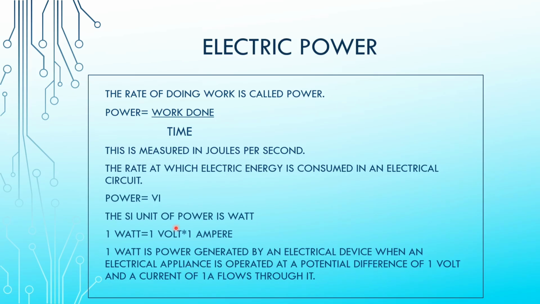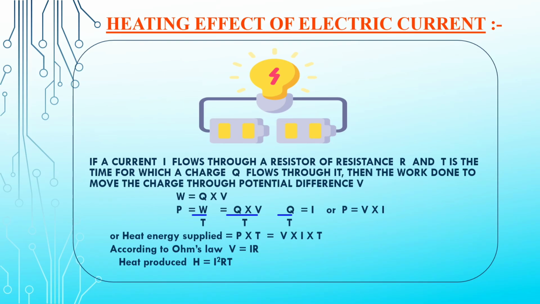Next is the heating effect of the electric current. If the current I flows through a resistor of resistance R, and T is the time for which the charge Q flows through it, then the work done to move the charge through potential difference V is W, equal to charge into potential difference.